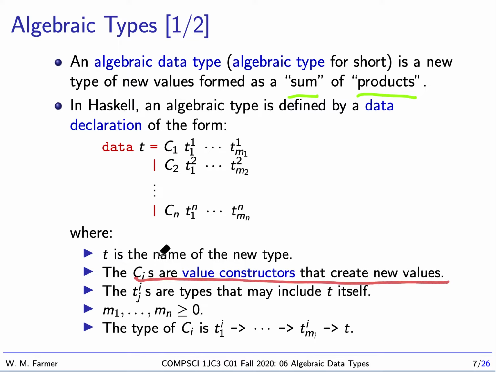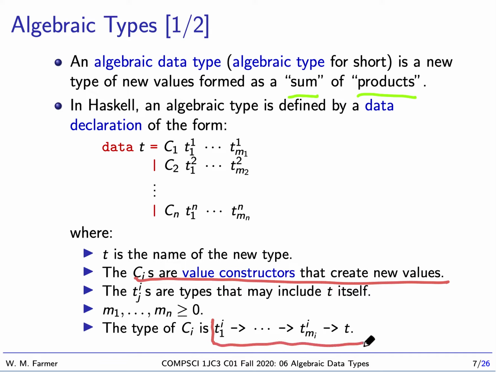And as I mentioned, all these T's are types, but the interesting thing is these T's can include the type T that we're defining. And another point to mention is constructors do not have to take arguments. They can have no arguments. And the type of a constructor looks like this.